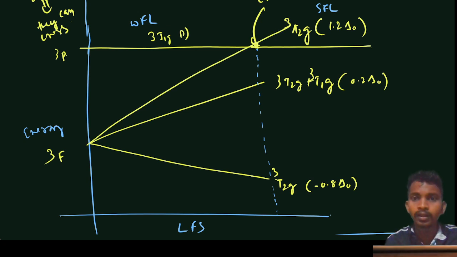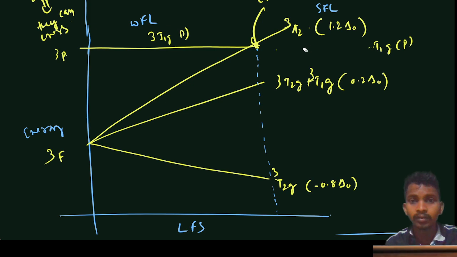This is for A2g, and here this is the T1g. Okay, this is for T1g, and this is T2g and T1g. So there will be repulsions because this and this are coming closer. Whenever the same symmetries approach each other, they always repel, they will go away.